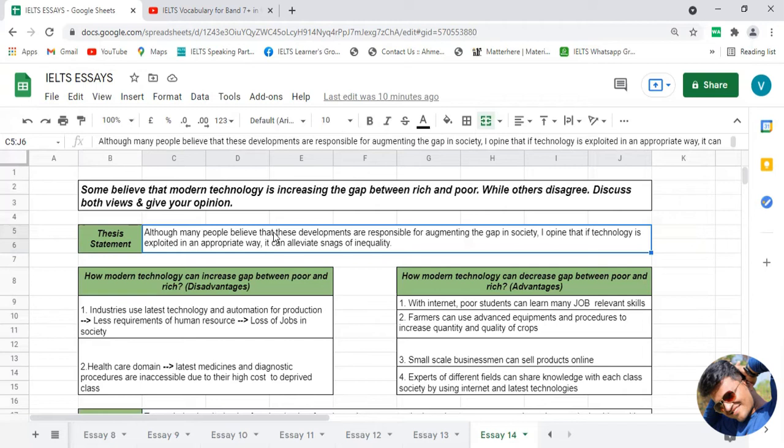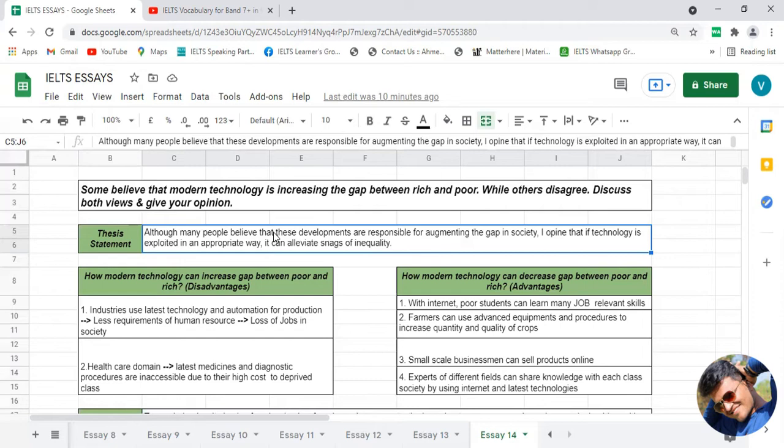If I talk about this essay, in the first paragraph we are probably going to discuss the disadvantages and advantages of modern technology from the perspective of increasing or decreasing the gap between poor and rich in society.